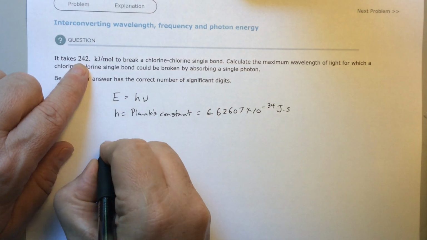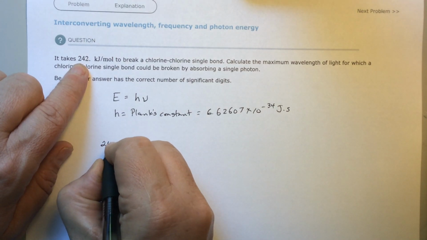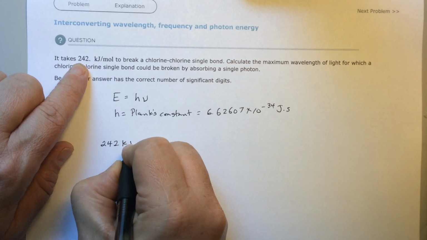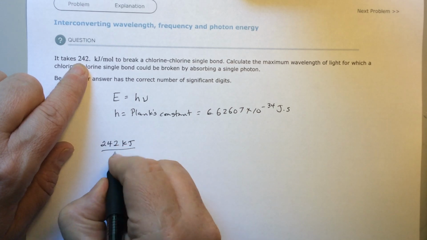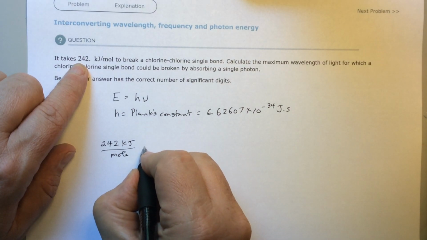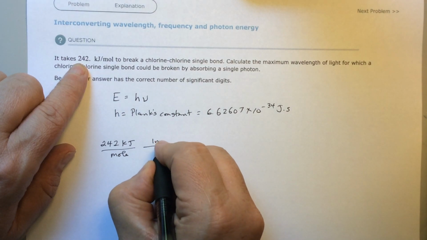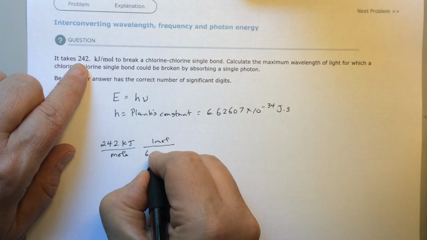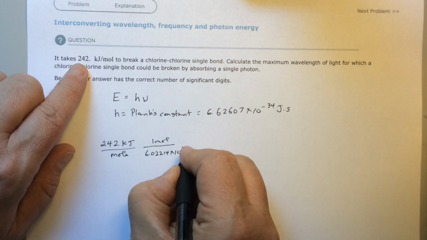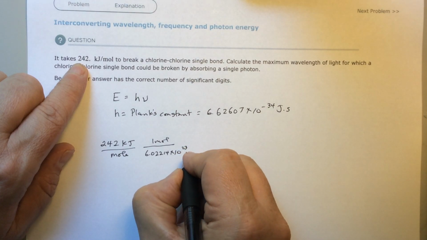We know that there's 242 kilojoules in 1 mole of molecules, and in 1 mole of molecules, there's 6.02214 times 10 to the 23rd molecules.